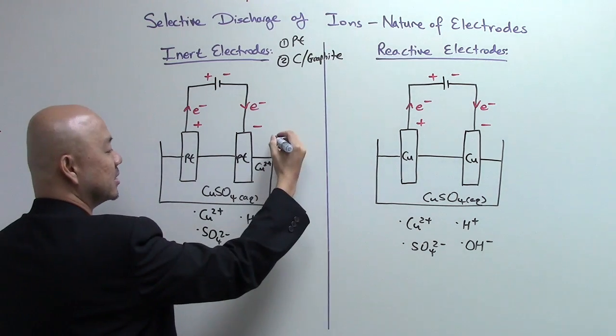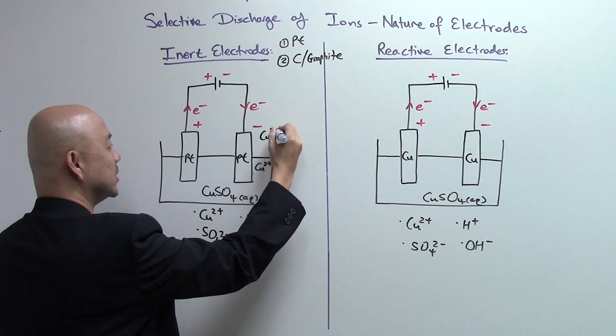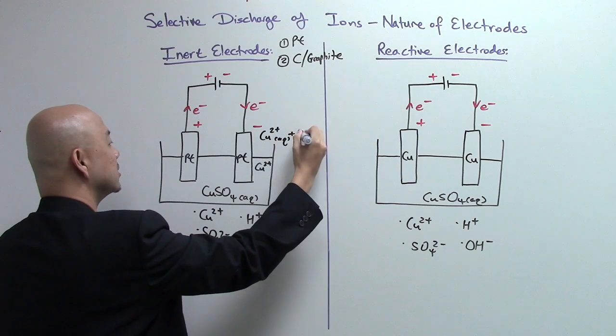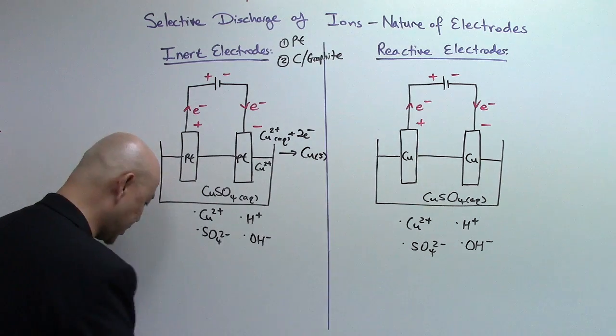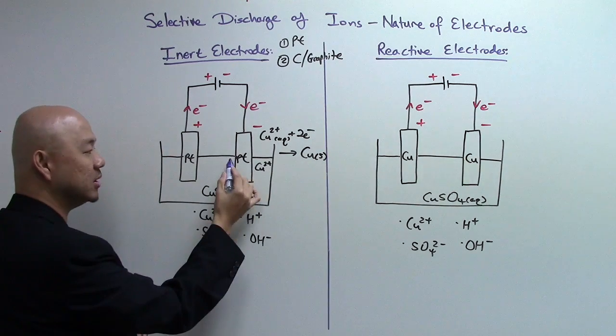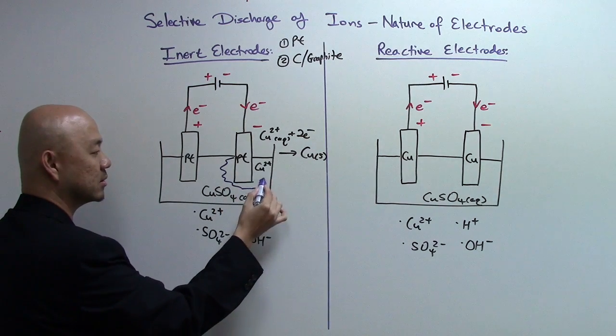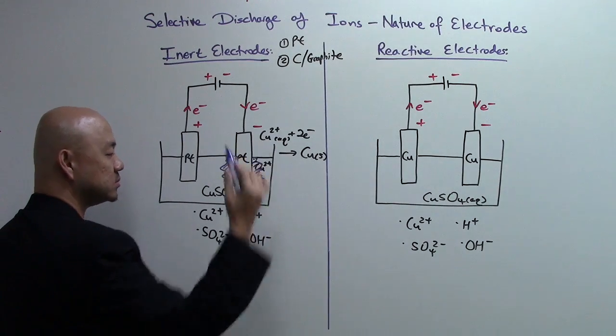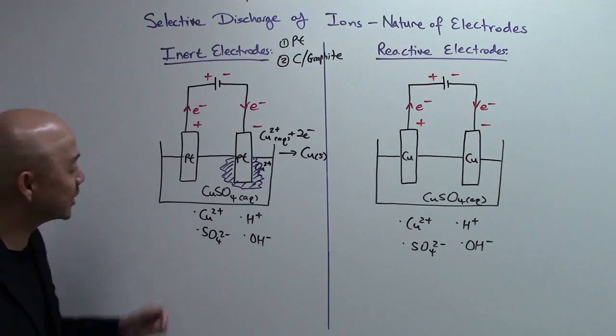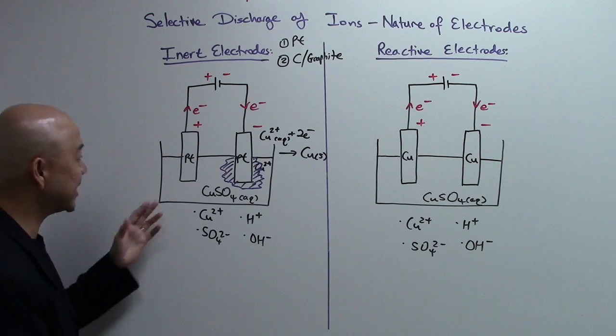So at this side, you're going to have Cu2+, in terms of equation, you take in electrons and it becomes copper solid. So what you see over here is a layer of copper that will be deposited. Copper metal. So what about the other side?